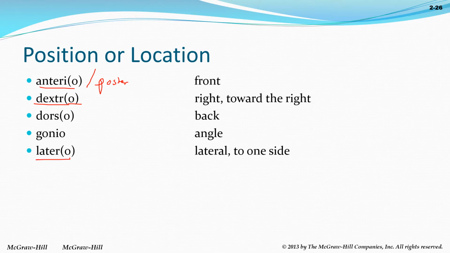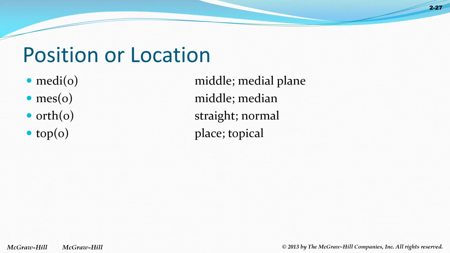Lateral, to the outside of the body. Medial is towards the midline. So your outer thigh, that's called the vastus lateralis because it's on the outer side, lateral position. Medial, that's in the middle. Now that you guys know anterior, posterior, medial, lateral, what is your ACL?